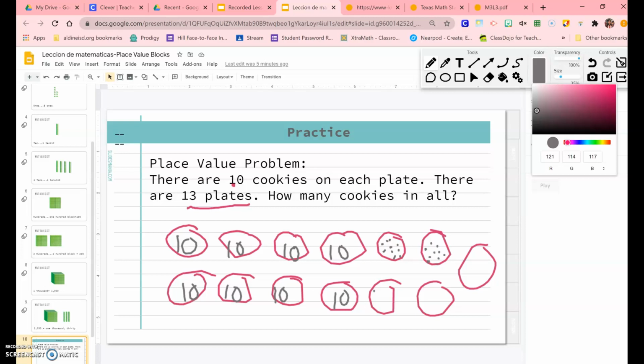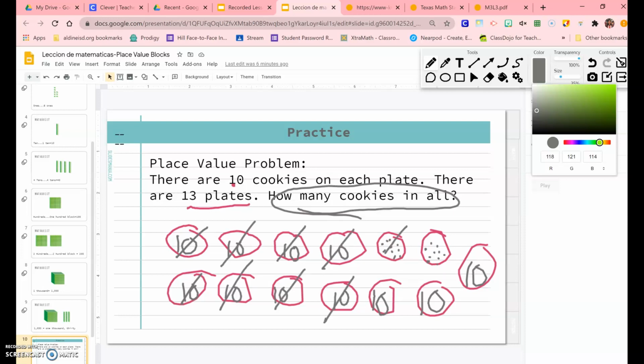But that takes me forever, so I'm going to go back to my standard form. Right? So now I'm going to ask, how many cookies are there in all? So in total. So if I have to look, I can count 10, 20, 30, 40, 50, 60, 70, 80, 90, 100, 110, 120, 130.